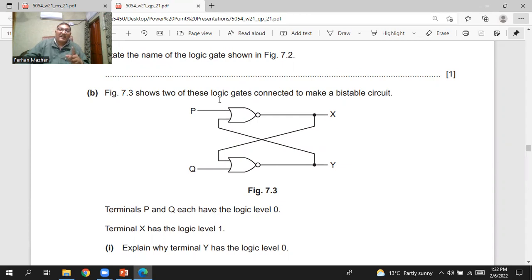So here we have 1 and 0. 1 and 0, you add them, that gives you 1, and 1 inverted will become 0. So this will become 0. Now this 0 is fed here, 0 and 0, 0 plus 0 is 0, 0 inverted is 1. So this will change and this will remain unchanged.